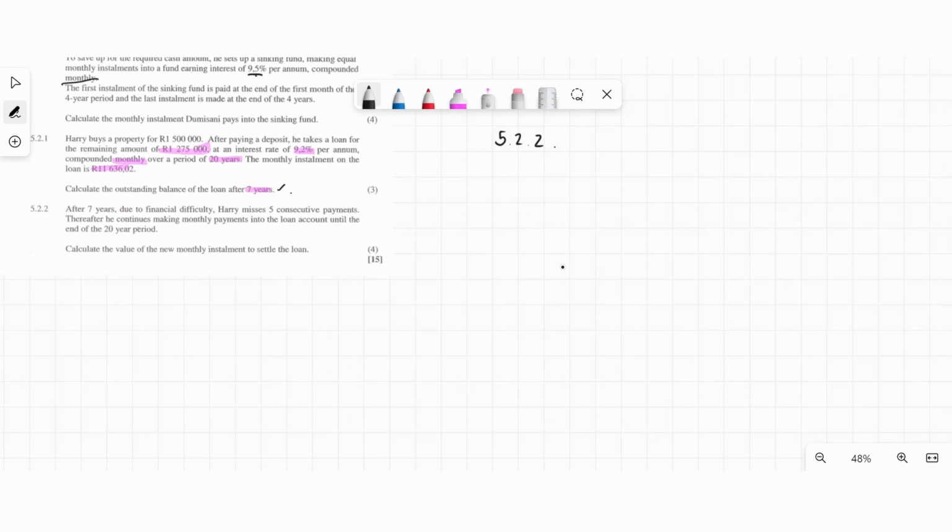So the outstanding balance, right? So we're going to use the outstanding balance. So you're going to say A is equal to, we're going to appreciate the amount, right? So it's going to be P. So we're going to appreciate the outstanding balance, which we had as being what? As being this value.